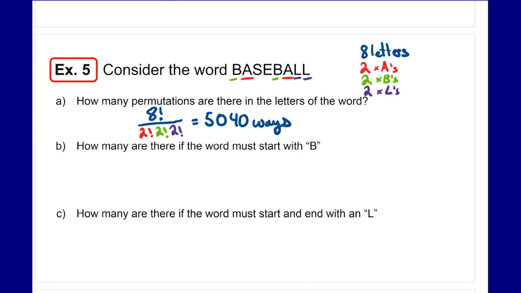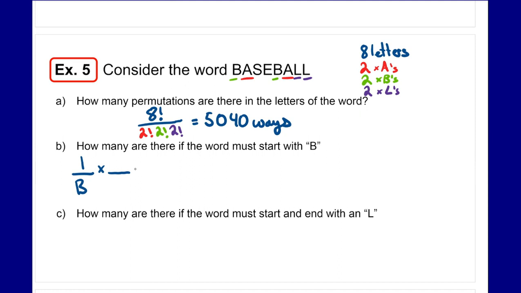How many are there if the word must start with B? So the word must start with B. So let's think about this without worrying about any of the restrictions in terms of the identical letters or the identical objects. So the first one has to be a B. So there's only one option for the first one.